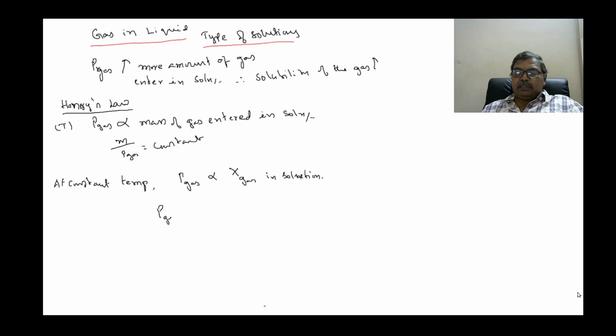So pressure exerted by the gas is equal to a proportionality constant Kh, known as Henry's constant, into mole fraction of the gas. Remember, the value of Kh depends on several factors: nature of the gas, temperature, and so on. Even for a given gas, Kh is not constant.